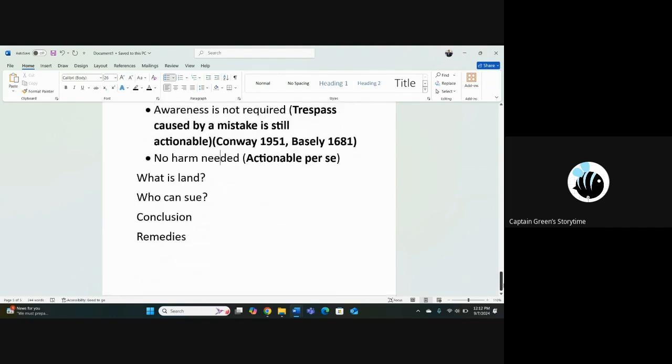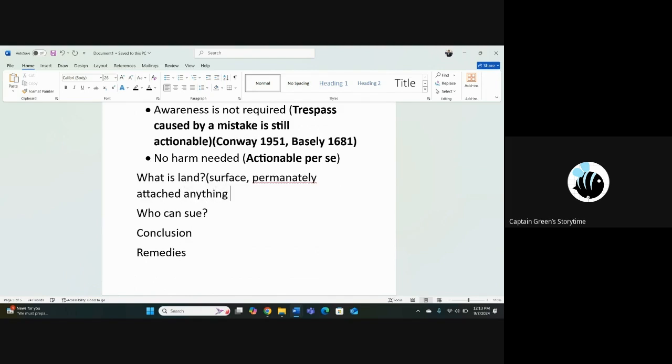Who can sue, and what is land? Basically, what is land? Any surface or anything permanently attached to the land, like houses, walls, etc., is included in land.